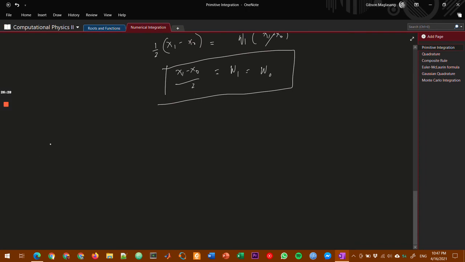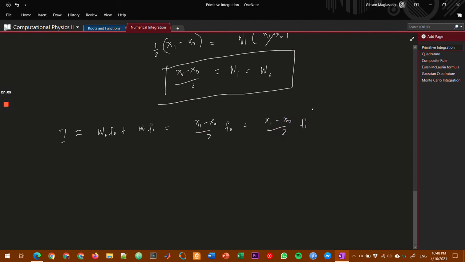So we have I, which is w naught f naught plus w1 f1, where w naught is just x1 minus x naught over 2 times f naught, plus w1 is also the same, x1 minus x naught over 2 times f1.